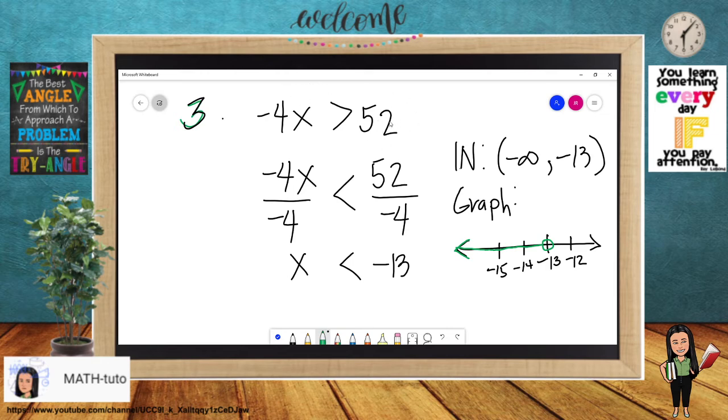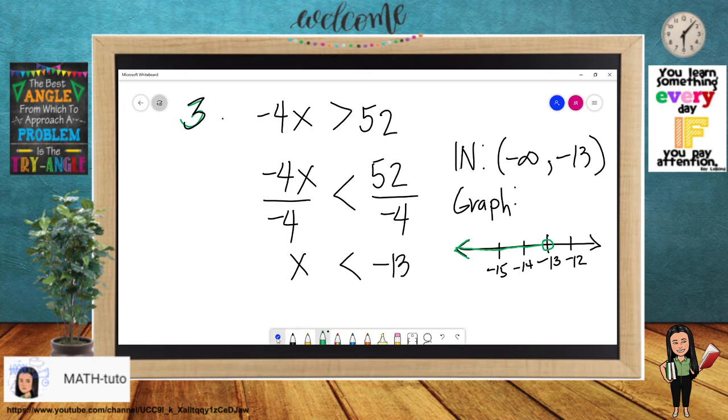Since -14 is less than -13, it is correct that our answer should be less than -13 and not greater than. So the process of changing the sense of inequality here is correct.